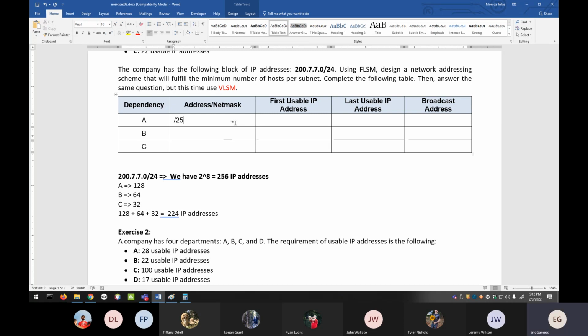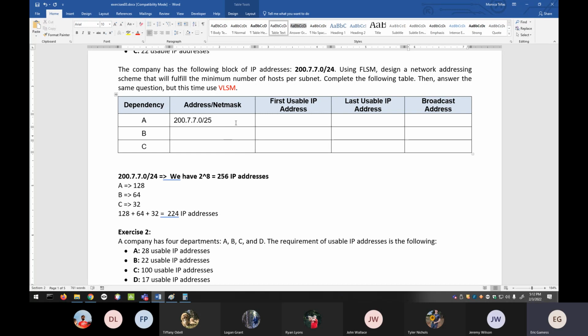Okay, so this means that I have to go by step of 128, isn't it? If the subnet has 128 IP addresses, I have to go by step of 128. So what will be the network that I give to A? 200.77.0/25. Okay? So this network will end where?